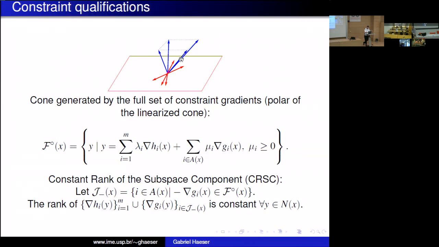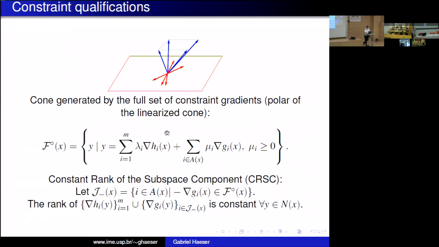Maybe here there's one gradient of an inequality constraint. You should think that usually it lies outside the subspace part, but it can happen that this vector belongs to the hyperplane. If it belongs to the hyperplane, minus its gradient should belong to the hyperplane also.